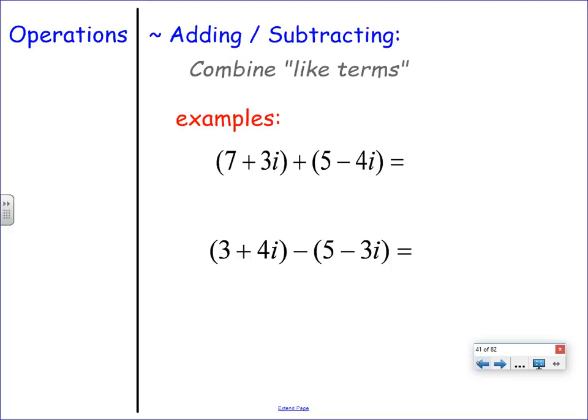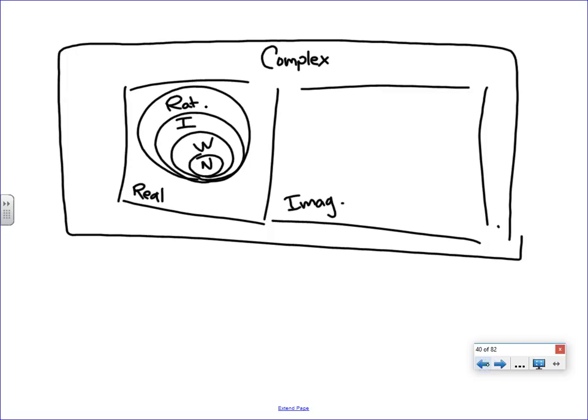Before we get to this page, I actually want to make sure that we have the idea of how to properly write an imaginary number. So let me just give you a couple examples, just real quick.